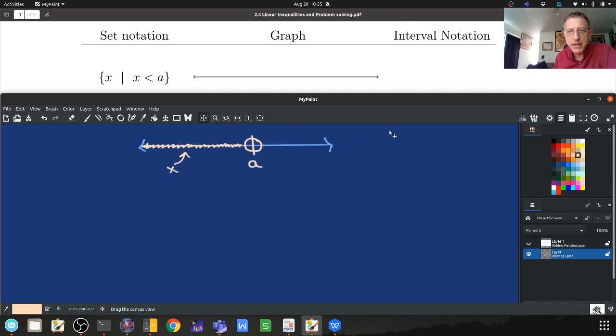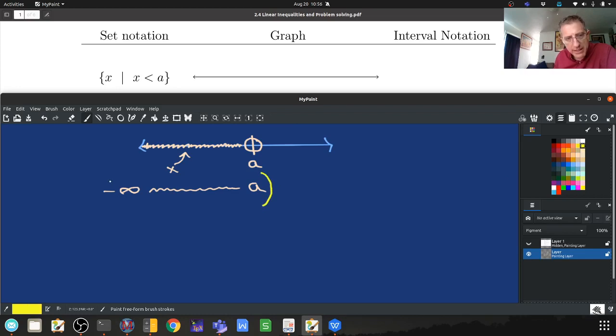Now we want to do the interval notation for that. So the interval notation basically is going to be this way. If I have down here, this is minus infinity. Then I have all of this information here until I get up to a, and a is not included. So to indicate that a is not included in my interval, I write what's called a half open interval sign.